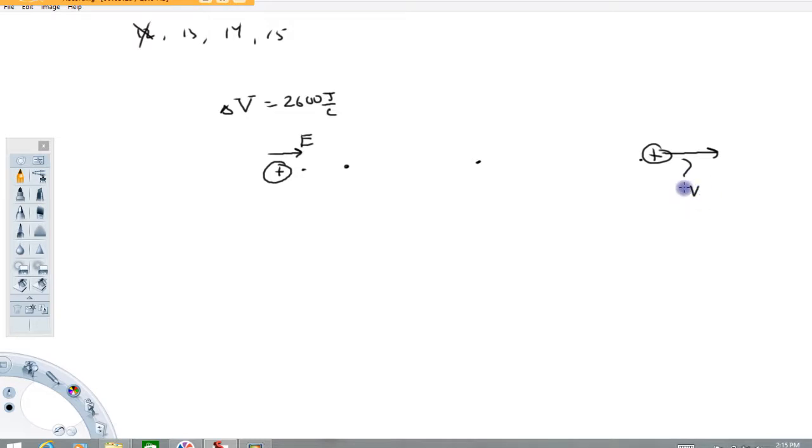So the first part of this problem is a work energy problem. If I write out the work energy theorem for this, PE1 plus KE1 plus work equals PE2 plus KE2. The particle starts from rest. The only force acting on it is due to this electric field, and that's going to put a force to the right.